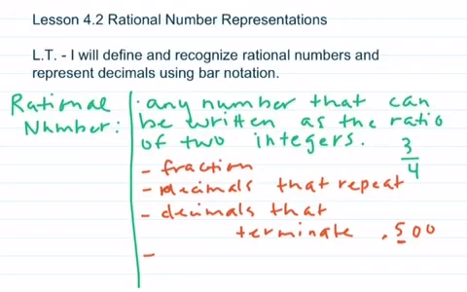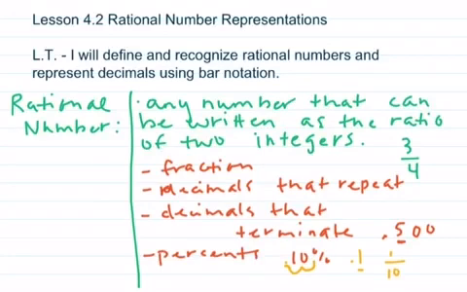Then you can also write rational numbers as percents as well. Okay, 10%. 10% as a decimal. Remember to change percents to decimals, you move the decimal 2 places to the left. So 0.1, that would be a terminating decimal. All right, and if we were to write it as a fraction, or as a ratio of two integers, it would be 1/10.